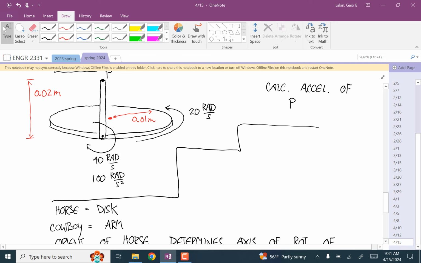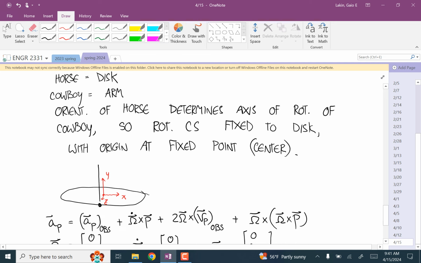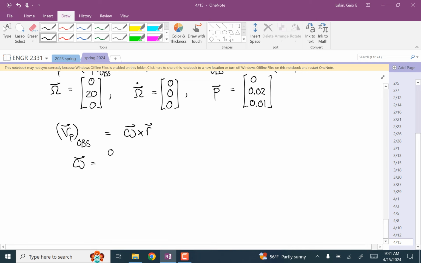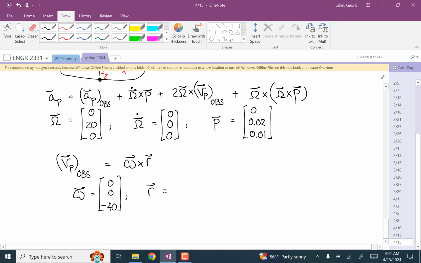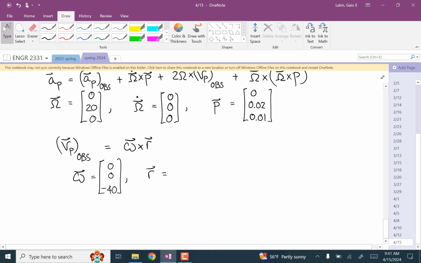Yes, 0, 0, negative 40. And the r vector, that's the vector from the center of the circular motion to the point. What's that? 0.020, right, 0.020, very good.